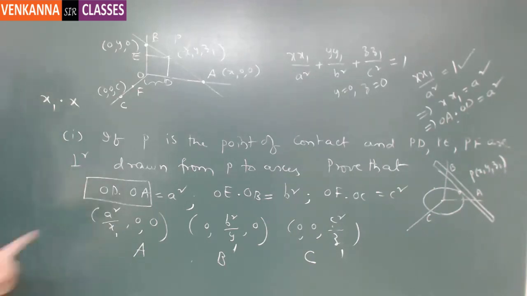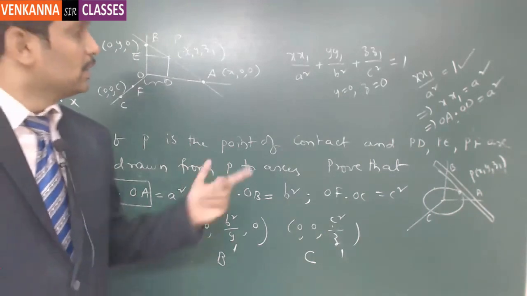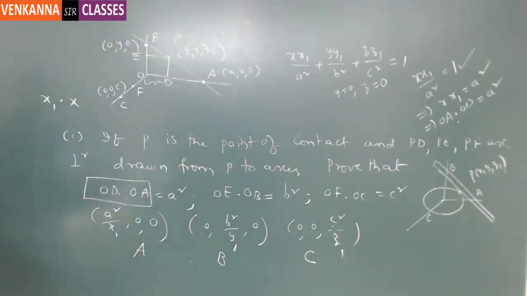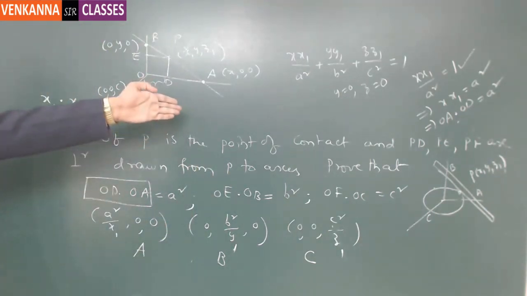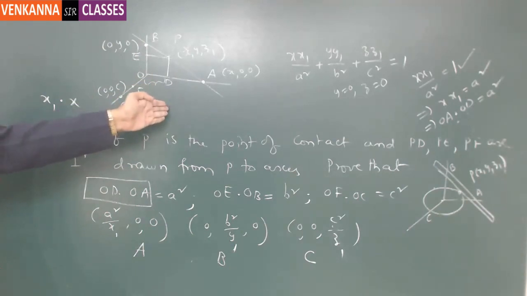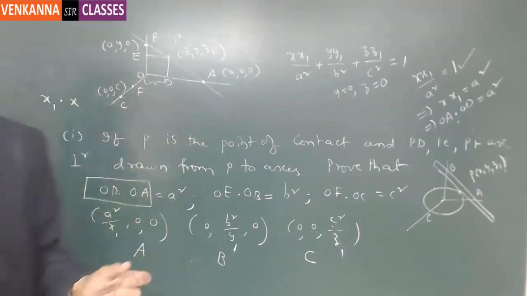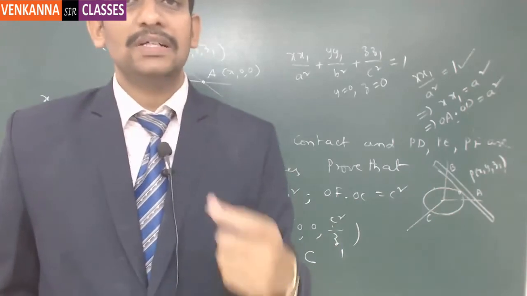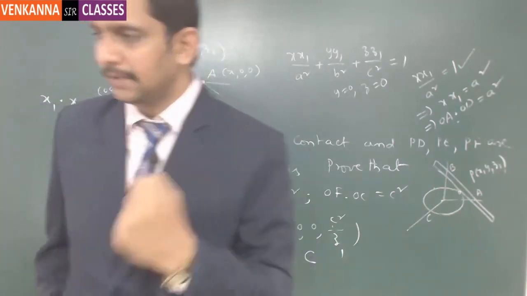Right. Now I will give you a small problem. Before this, in the first part of the problem, we discussed the locus of the centroid of triangle ABC.